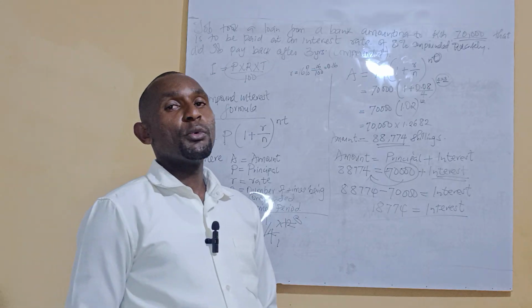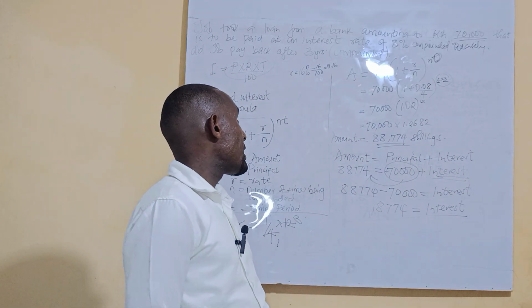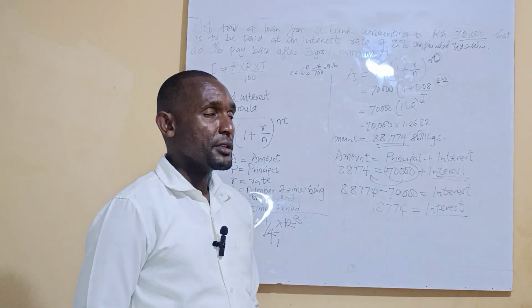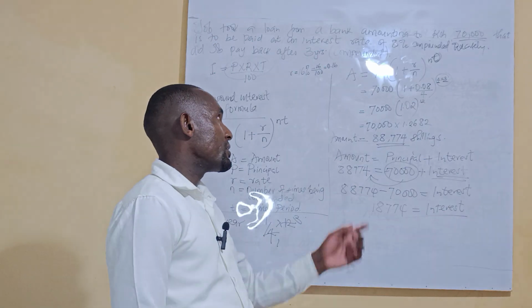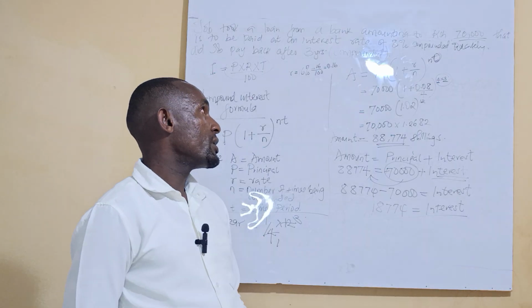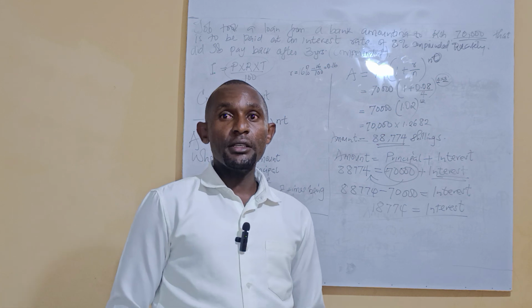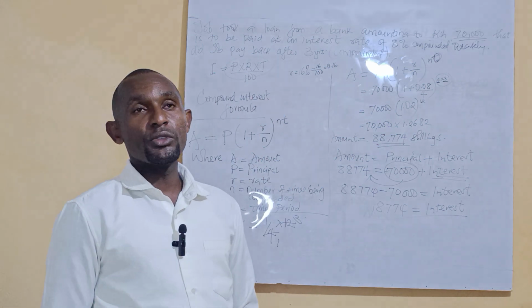So this is simply how you calculate compound interest using the compound interest formula, which is principal into brackets 1 plus r over n, into brackets power nt. Remember that n is the number of times it is being compounded, t is the number of years or the period, r is the interest rate, p is the principal, and a is the amount.